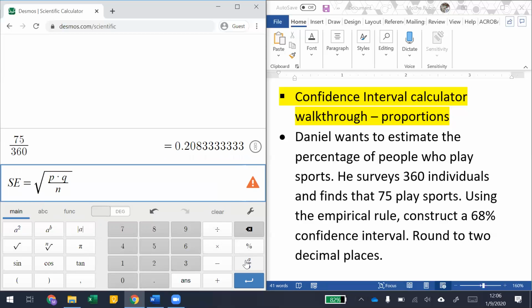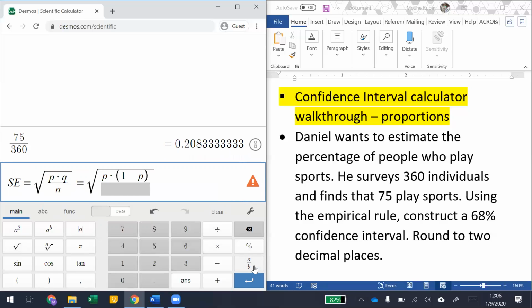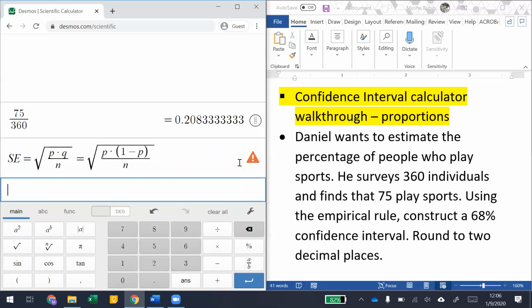I could calculate that using these numbers, or sometimes you see this formula written as the square root of P times 1 minus P divided by N, because 1 minus P and Q are the same thing. These are the percent of people who didn't play sports. So on this next line, I'm going to plug in, and I'm going to use this second formula so I have fewer things.